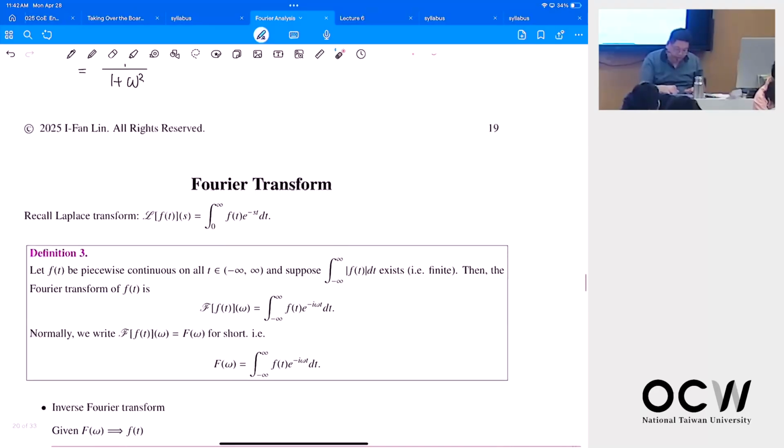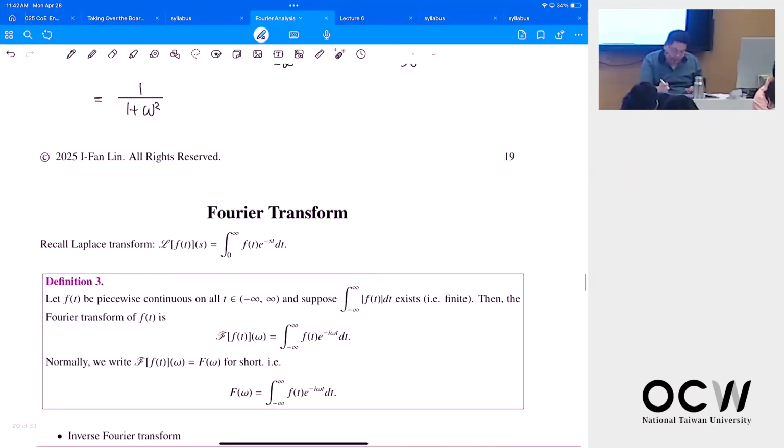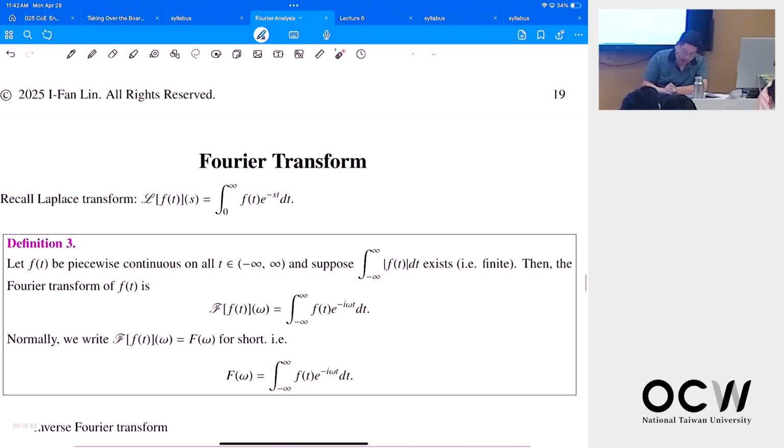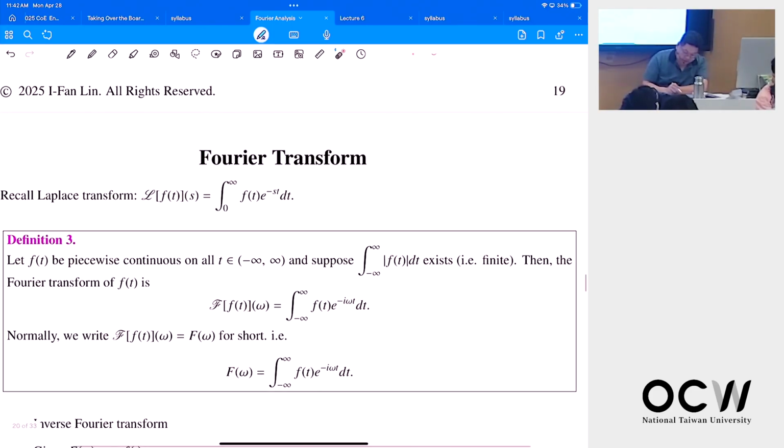First, let's just see the definition of your Fourier transform. f is piecewise continuous, and the integration is finite. The f is finite because the integration exists. Then what is the Fourier transform? Your function times e to the minus i omega t. And for the abbreviation, sometimes we write in this form, F of omega.